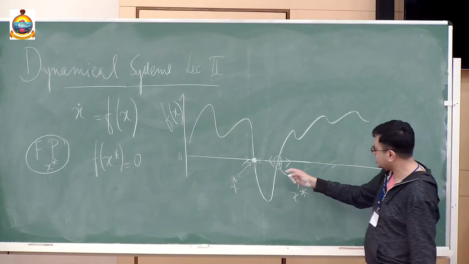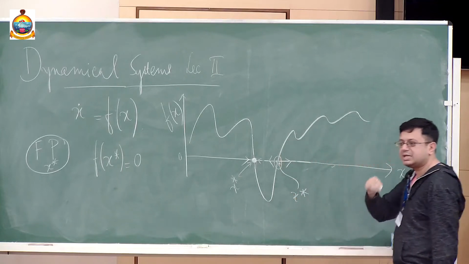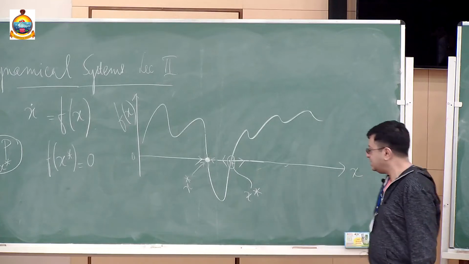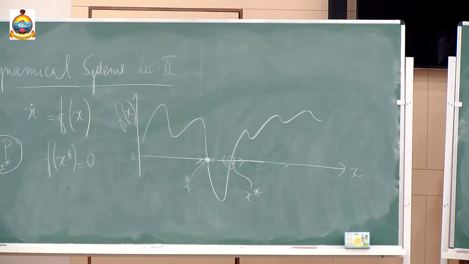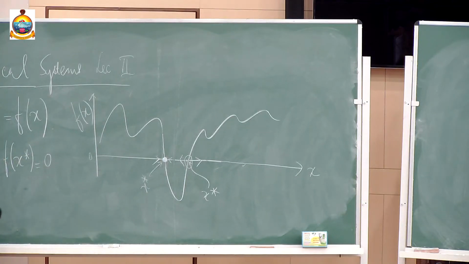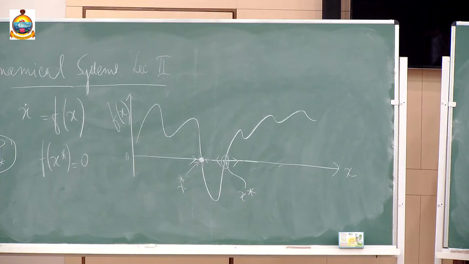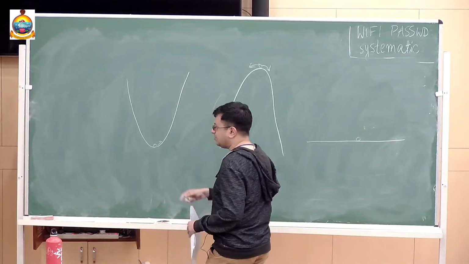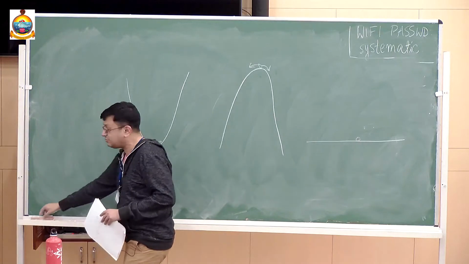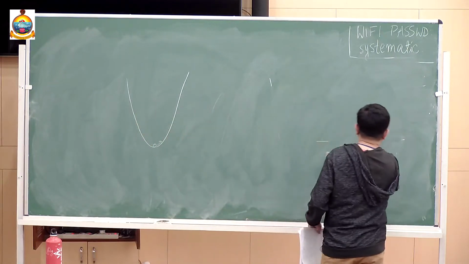It should be obvious that if I start from a point very close by, then I can do a Taylor expansion about the fixed point. So this brings me to the theory of linearization. This picture is clear, right? The point x star can be either stable or unstable. We will see that in one dimension these are the only possibilities. There is a possibility where a point can be half stable, but I'll come to that also.